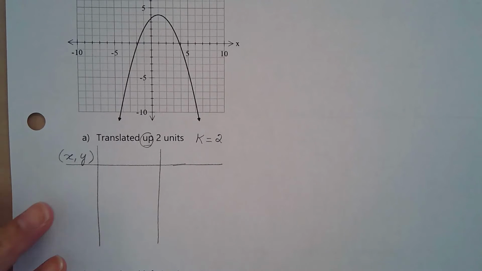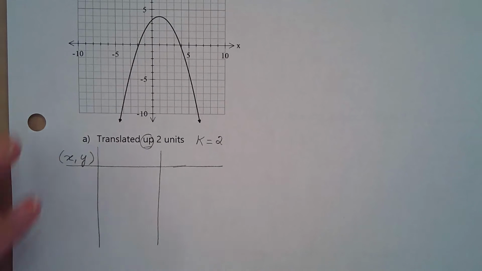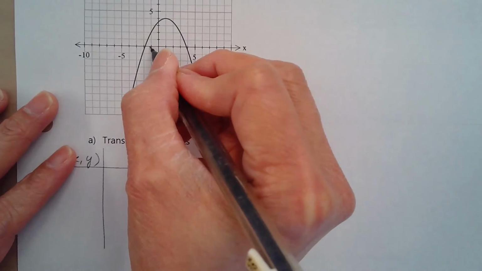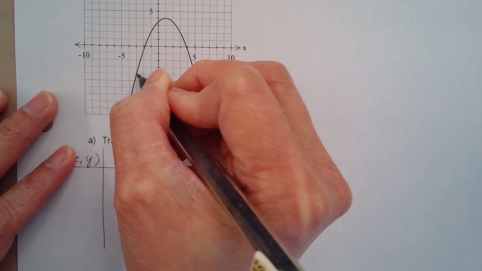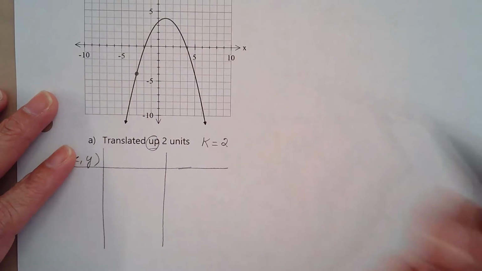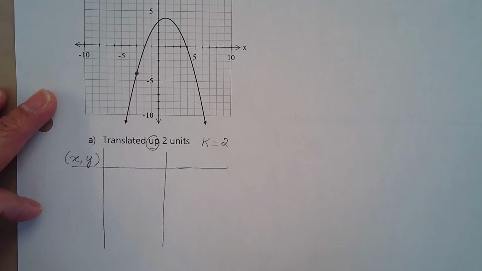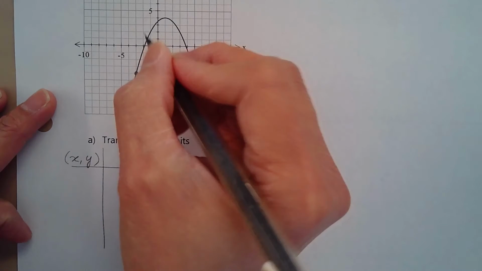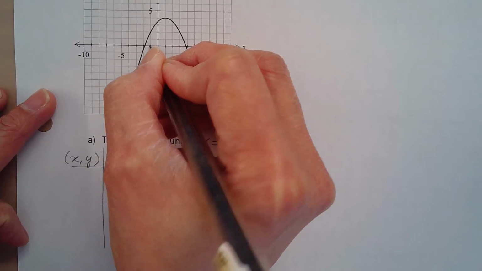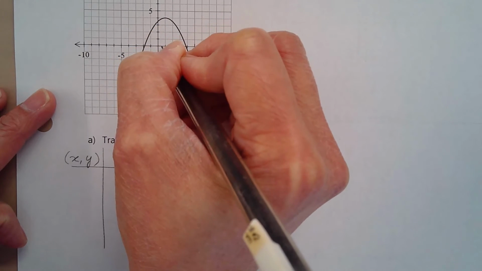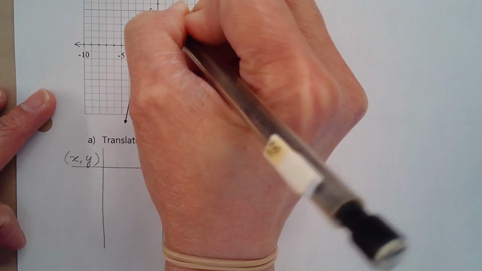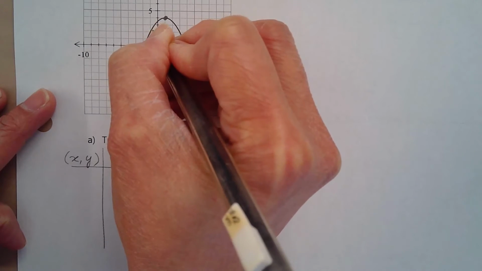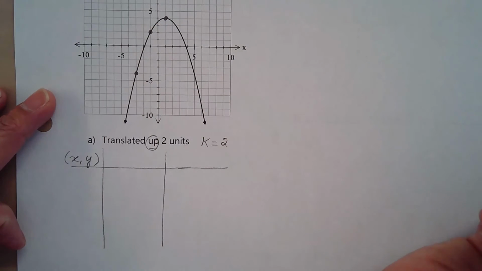What are the nice points in here? -3 and -4. Yeah, right there. Anything else? +1 and 4. Okay, yeah. How about -1 and 2? That's a really nice one.